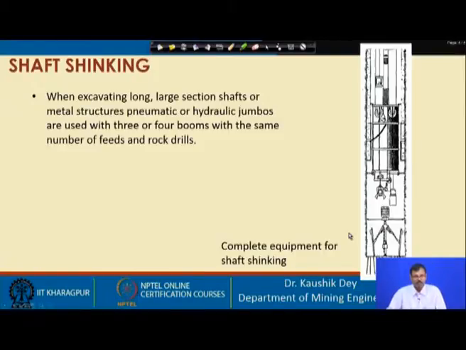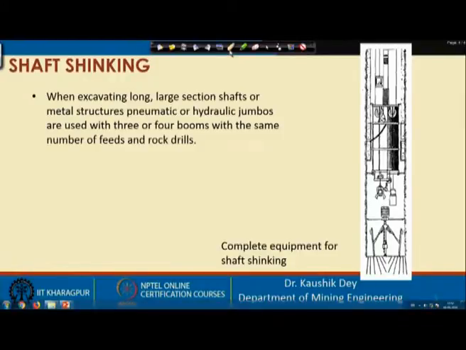So, let us see the first large diameter vertical opening, which is called shaft sinking. In general, if we are not carrying out mechanized drilling, then shaft sinking is basically carried out by the manual method, where first the drill holes are made.